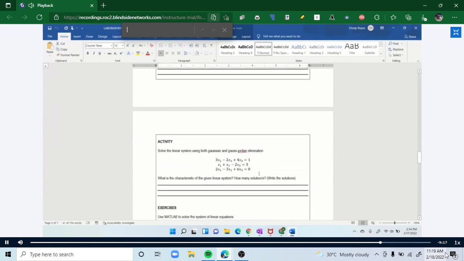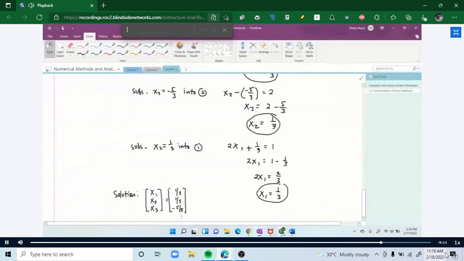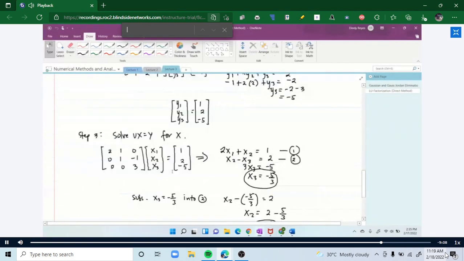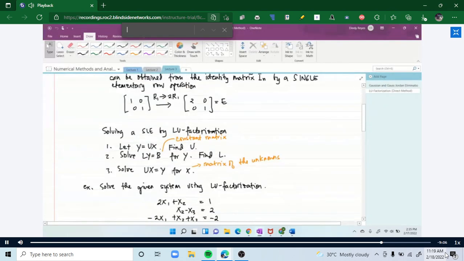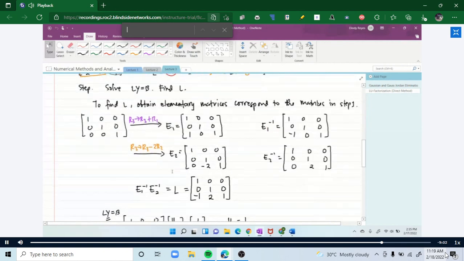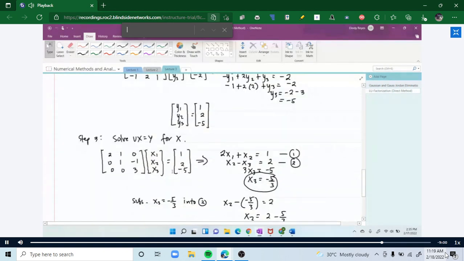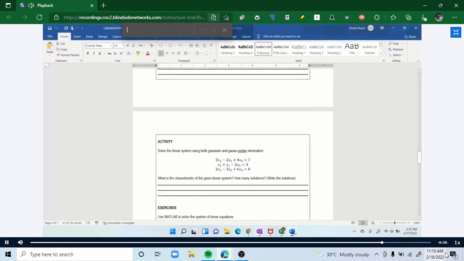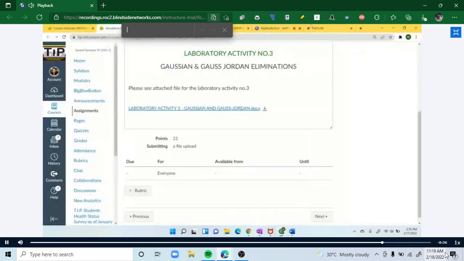Augmented matrix na. 3 by 3. Yung sinolve natin last time, yung ginamit natin sa LU factorization. So, itong given na to, i-enter ko.